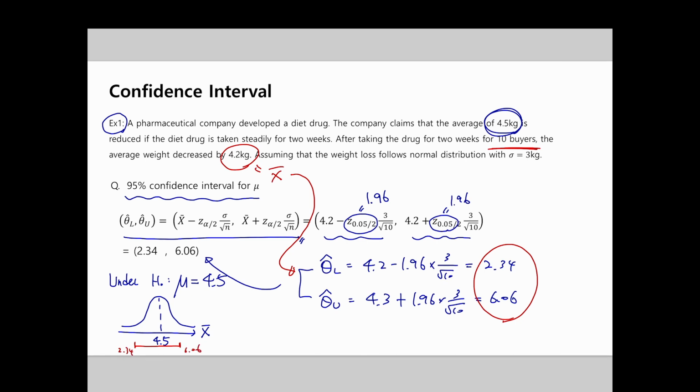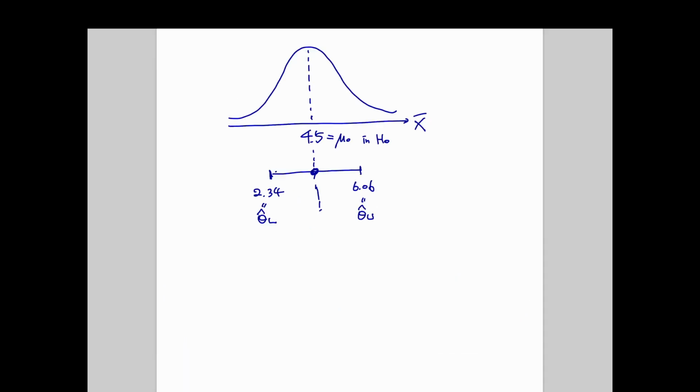So the confidence interval includes the mu 0, that is 4.5 kilogram. Okay, therefore, based on this result, we cannot reject the null hypothesis H0.